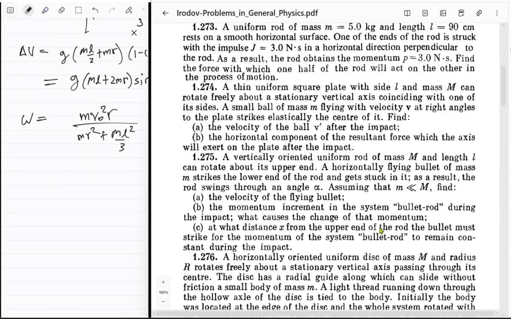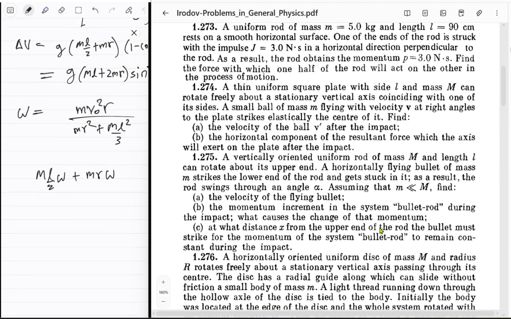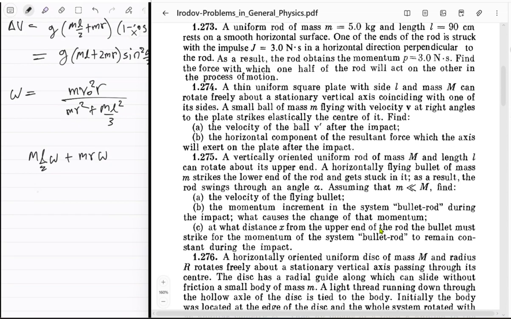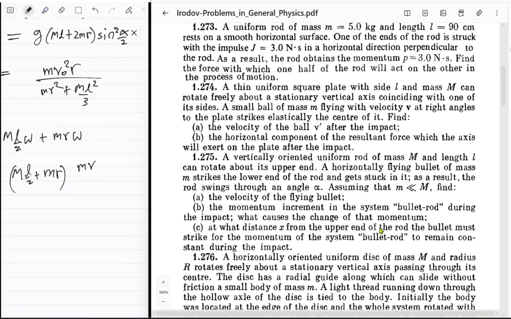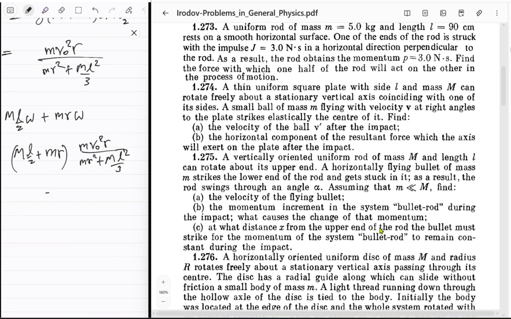Once you have omega, figure out the momentum: you got m l upon 2 times omega, and you got m r omega, which is m times l upon 2 plus r times this thing. This is the final momentum, and then minus the initial momentum is the change in momentum.